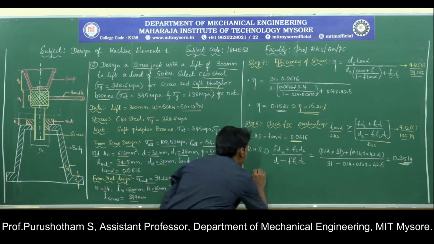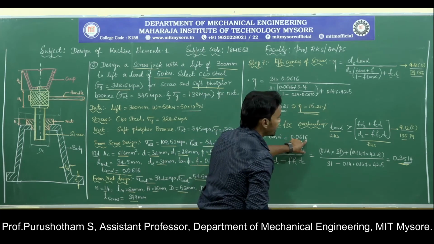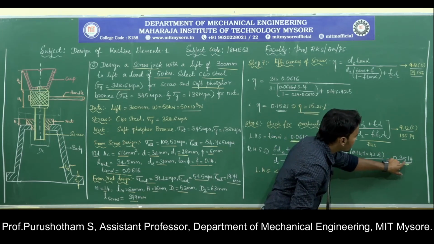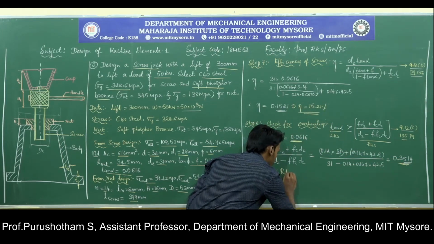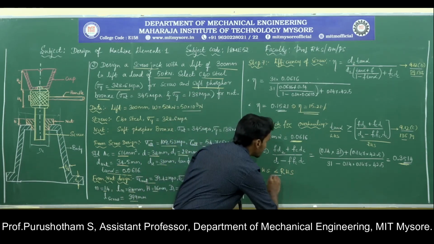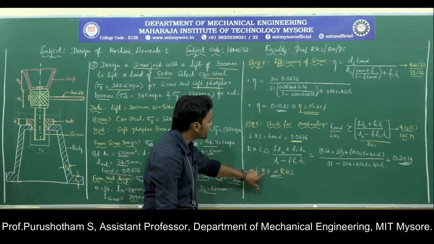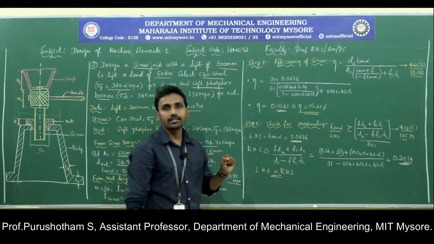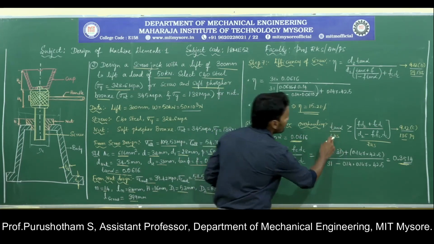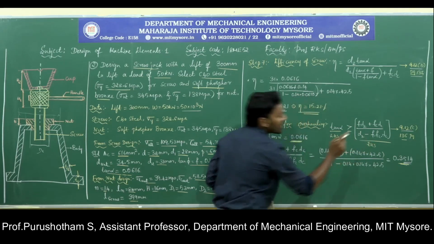Now observe the LHS and RHS. The LHS, that is 0.0616, is less than the RHS, that is 0.3514. So based on the design properties, the LHS is less than the RHS. The condition for overhauling is that the LHS should be greater than or equal to the RHS.